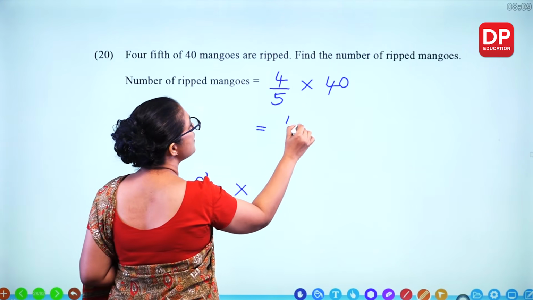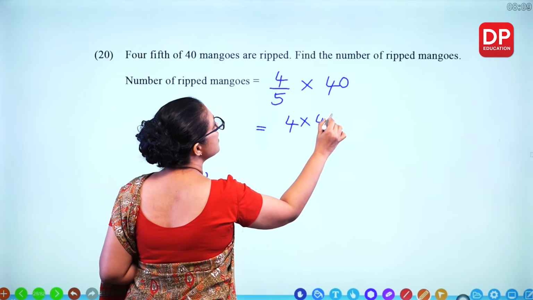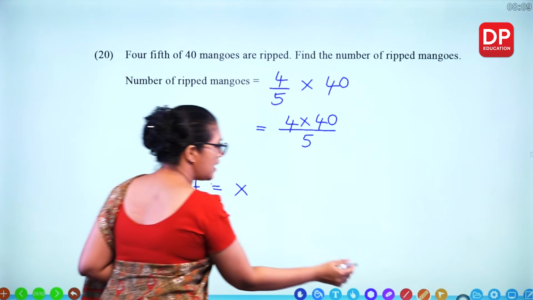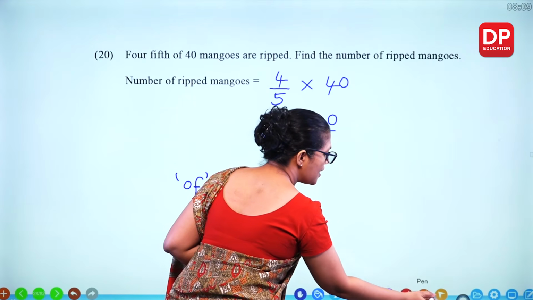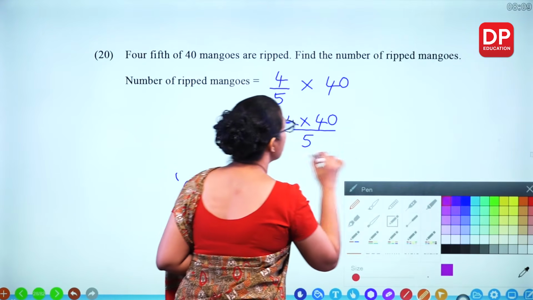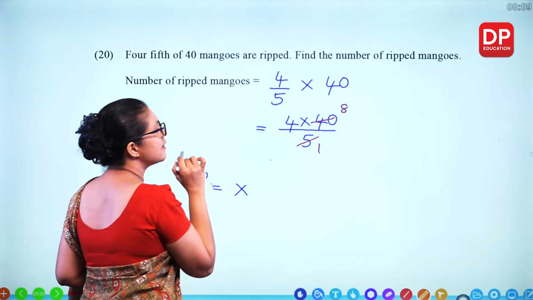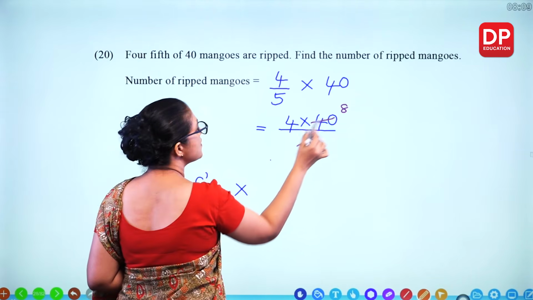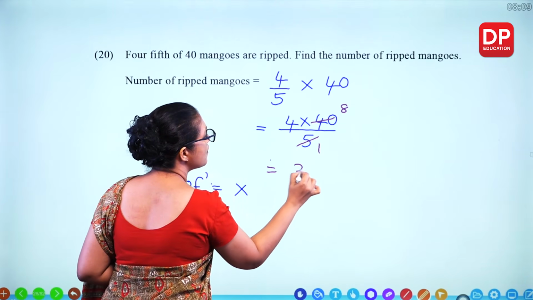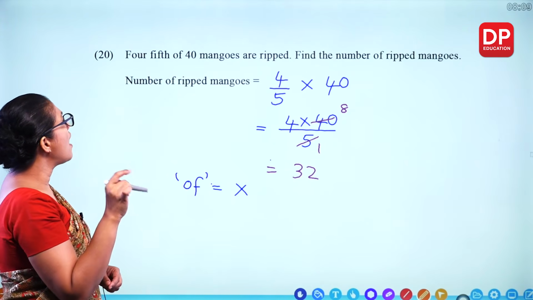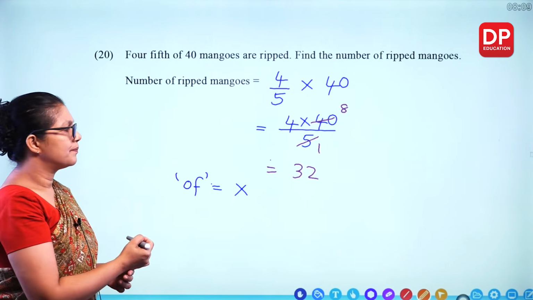Just multiply the numerator and divide by the denominator. Now you see, you can simplify further. Divide by 5, 5 times 1, 5 times 8. So 4 times 8, you get 32. So 32 ripe mangoes are there out of 40.